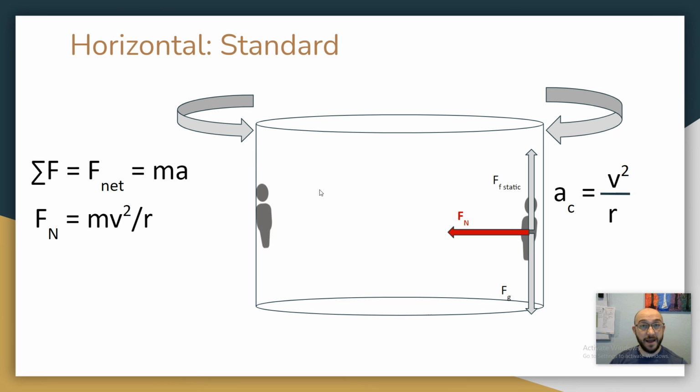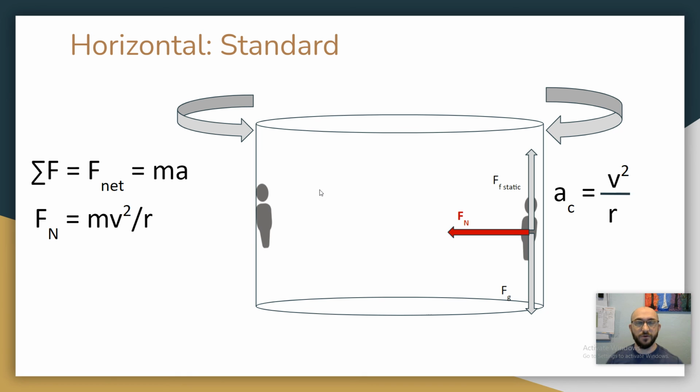But that means that now my net force is the normal force. Because static friction and gravity have to be canceling each other out. Otherwise, I'd be flying away or falling. Since I ain't doing either of those, normal force must be my net force. But I'm going in a circle.